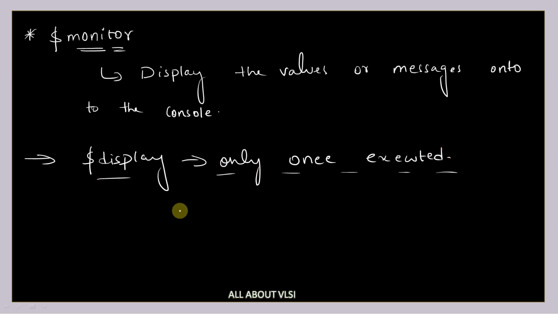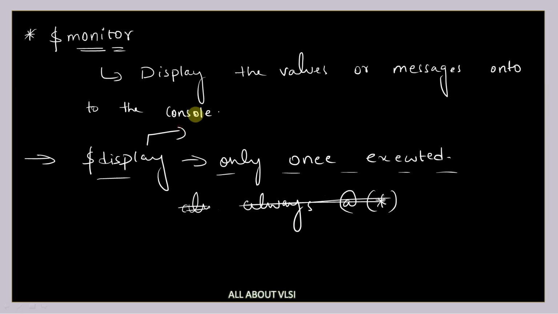For example, if you are writing always @(*), normally you are not going to write system tasks within the always block, because $display or $monitor are non-synthesizable. If you want to write synthesizable code, then you should not use them within an always block. Normally you use another block known as the initial block, which is also not synthesizable.